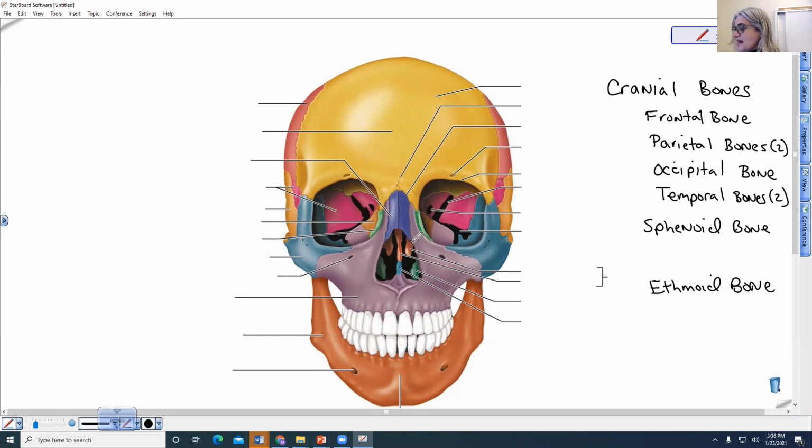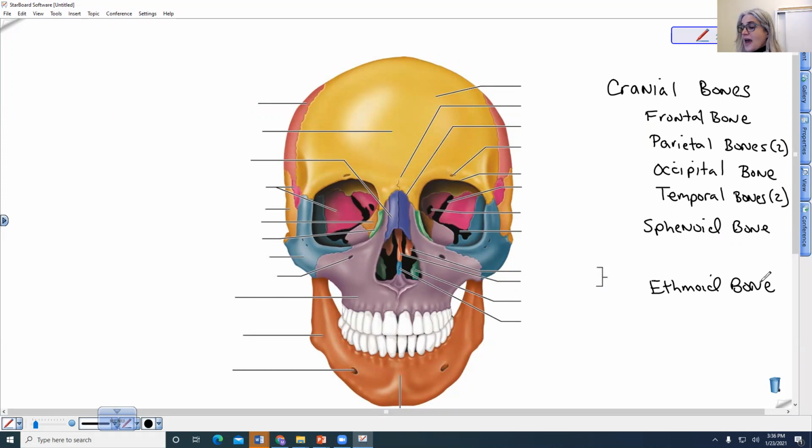And so this would be the ethmoid bone right here. But it is considered a cranial bone because it also extends up into the cranium, and it connects to the meninges right where you have the two hemispheres of the brain. So these are the cranial bones.